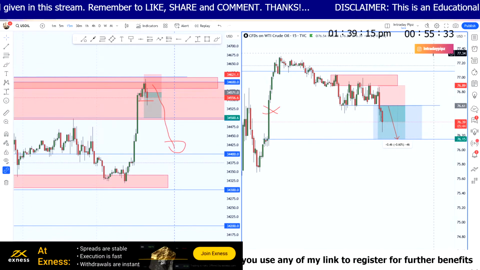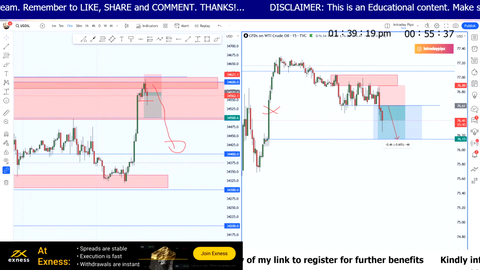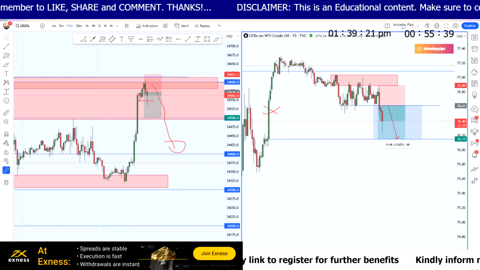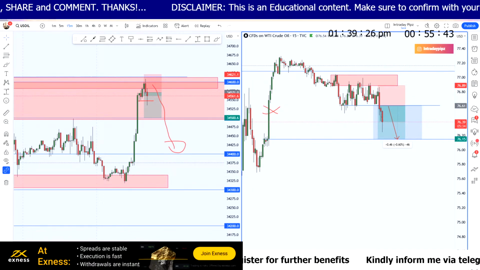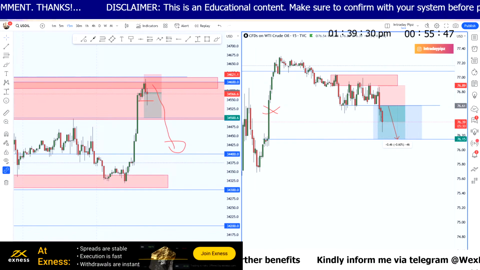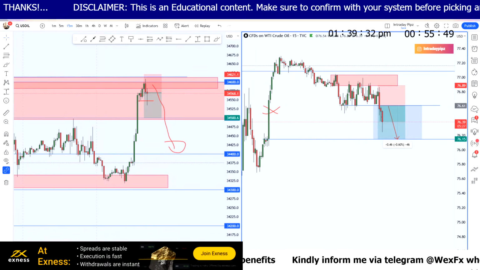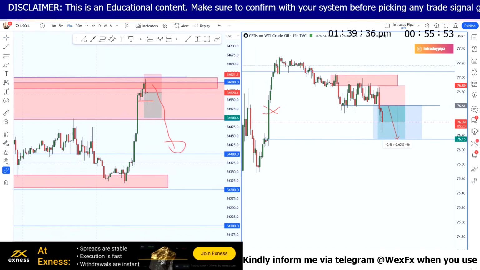I guess the market is currently waiting to see what the sentiment is going to bring on board. So we are still patiently waiting. So US30 is retracing. Usoil is also retracing.